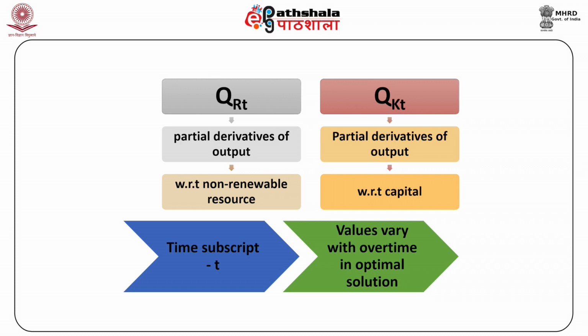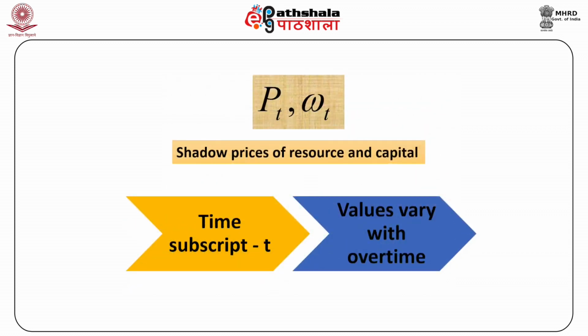These marginal products bear time subscripts, indicating that their values will vary over time in the optimal solution. P_t and ω_t are the shadow prices of the resource and the capital. Time subscripts indicate that the shadow prices will also vary over time.